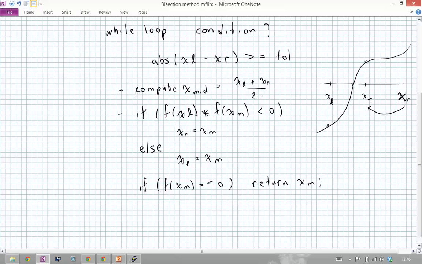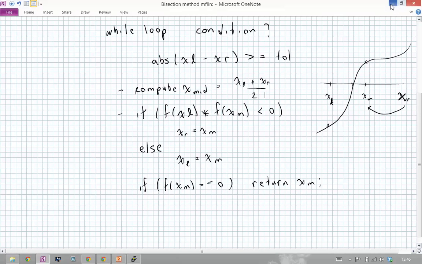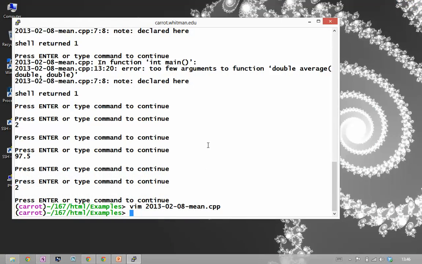So this will stop. Okay, let's talk about default values really quickly here.